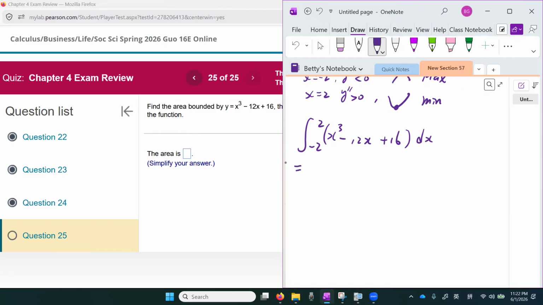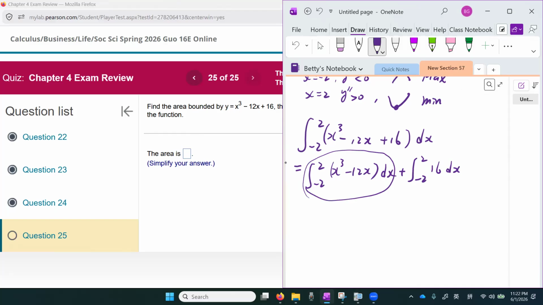I'm going to use a shortcut. I'm going to split this integral as the integral from -2 to 2 of x cubed minus 12x dx plus the integral from -2 to 2 of 16 dx.